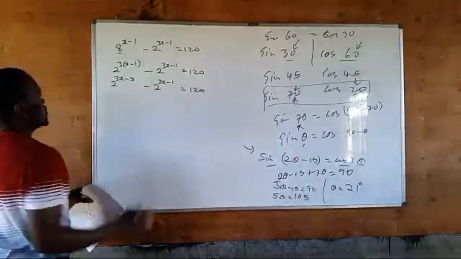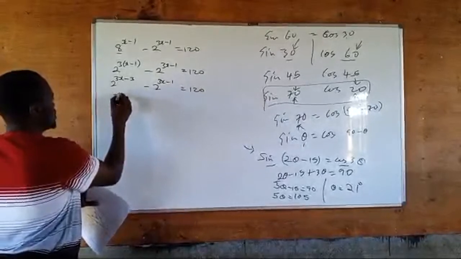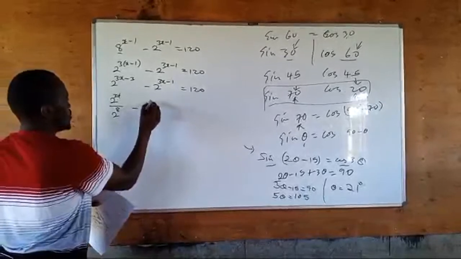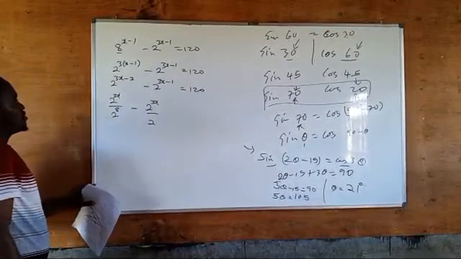So up to this point, you can continue: 2 to the 3x divided by 2 to the 3, minus 2 to the 3x over 2. Why do we put it like this?